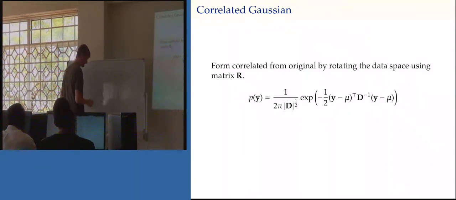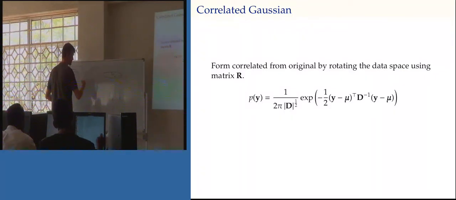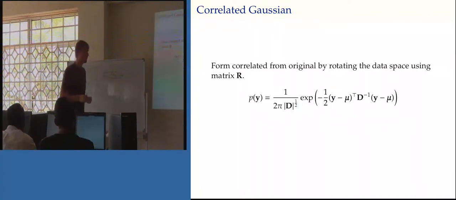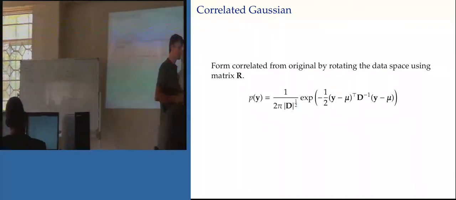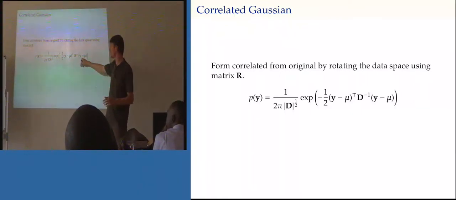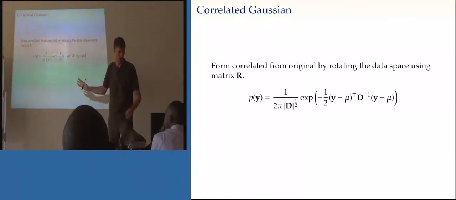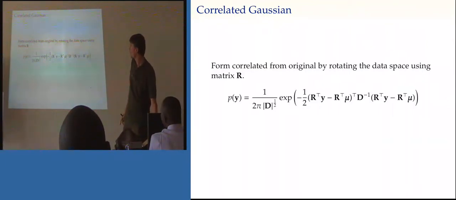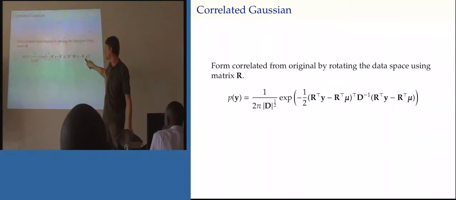But if I rotate it, interesting things start to occur. The conditional distributions get interesting. So the rotated one is like that. Now, it's just rotating these axes. So if we apply that operation to the data, so we rotate the data space, we need to rotate the mean and we need to rotate y. So there's rotating the mean and rotating y.